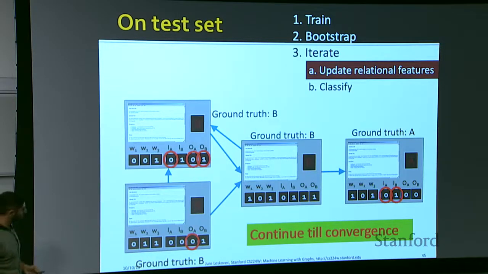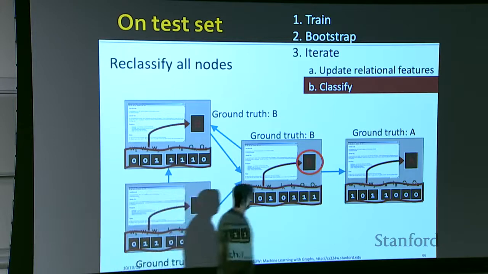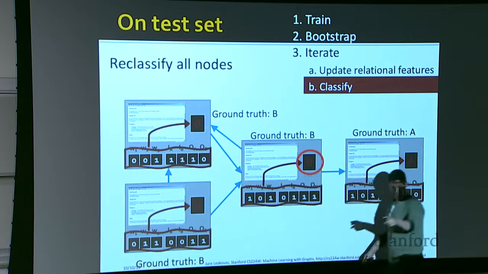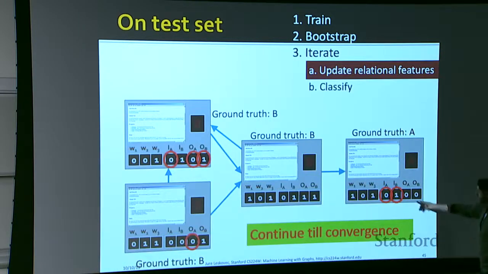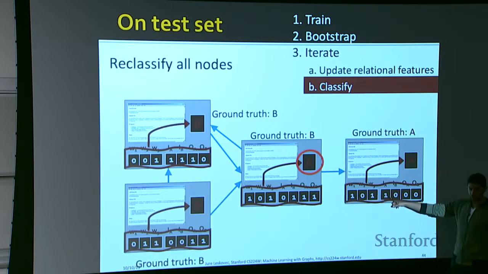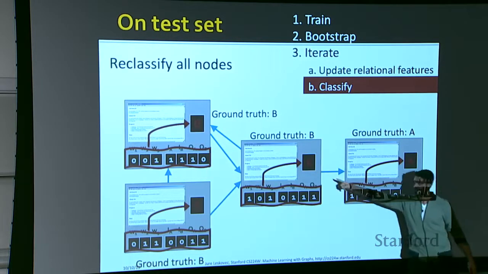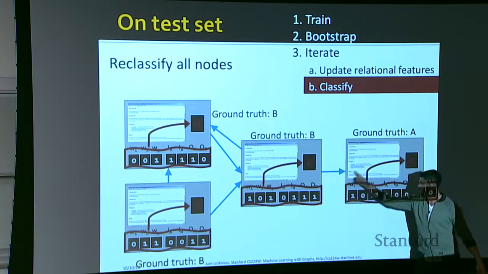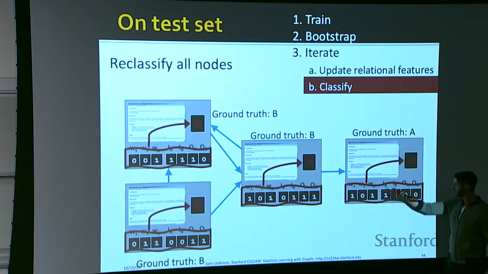Basically, we continue until convergence because as soon as we reassign the label for this page, so this is the question that you had before, now we have to update the network features for each page, okay? So now all of a sudden, what before here was a 1, because this page was labeled as A, and this page has an incoming node labeled A.